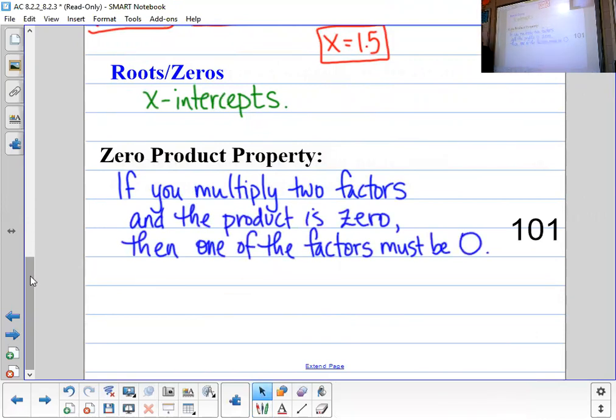And we use the zero product property and an equation in factored form to figure out the x-intercept.